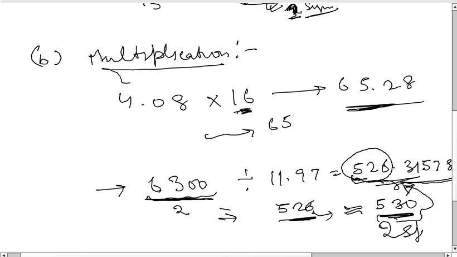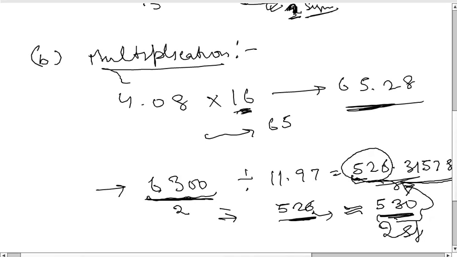In this case, we were discussing division, that is 6300 divided by 11.97, which comes out to be 526.31578. Now we can see the least number of significant digits is 2, but obviously we cannot reduce it to 52, because if you divide 6300 by approximately 12, it has to be in 3 digits. So do we write it 526? No, since we have to reduce it to two significant digits only.